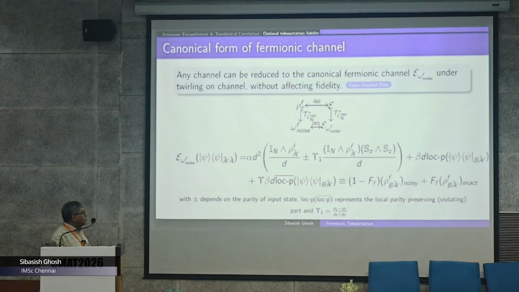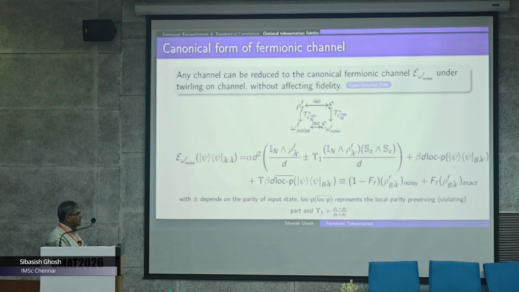Okay, good. So now under this channel action, I said that with the local twirling operation, you can cast any n cross n mode fermionic state into this canonical form, and that will give rise to this channel action through this Choi-Jamiołkowski isomorphism, and that gives rise to basically the form of the state like this.